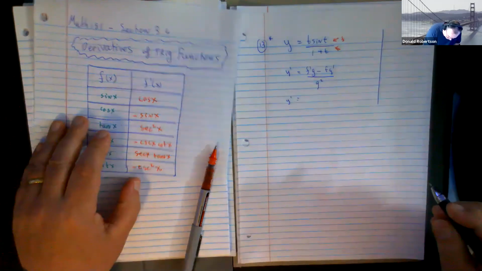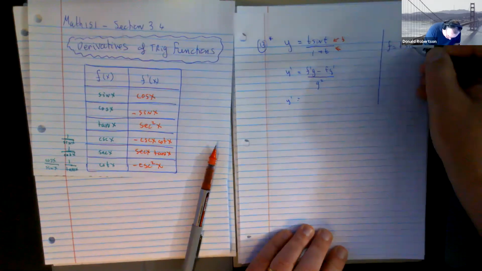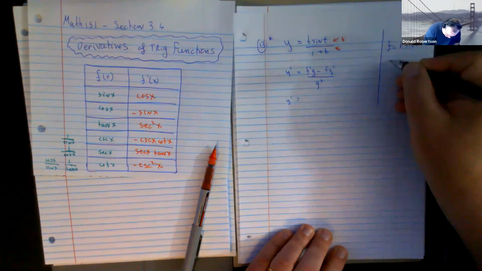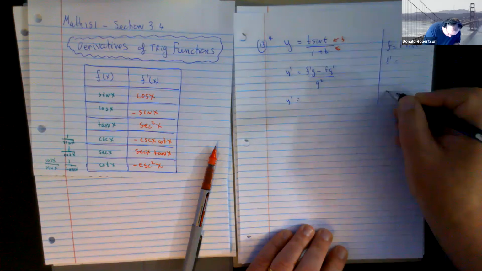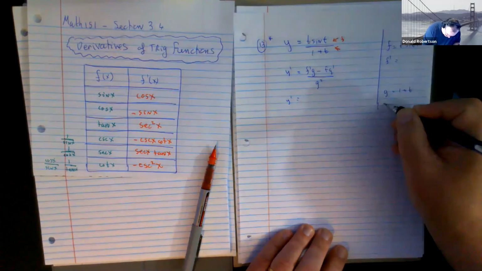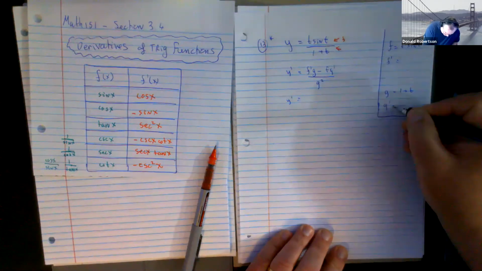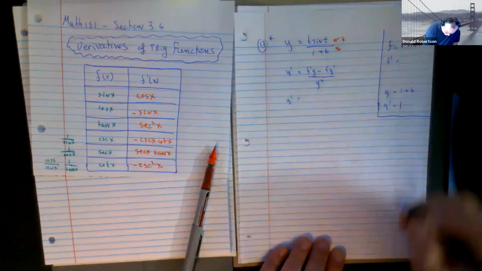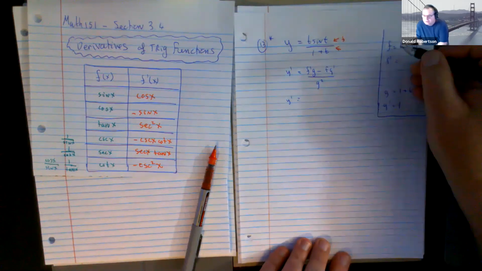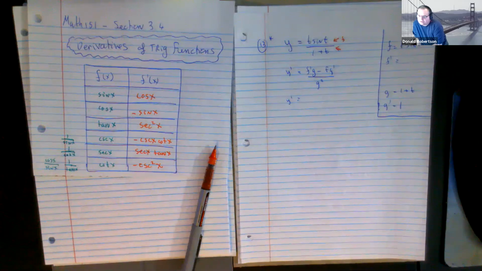But in this case, I'm actually going to do some working on the side. The bottom is 1 plus t, its derivative is 1. The top, the f, is t times sine t. How am I going to find the derivative of t sine t?